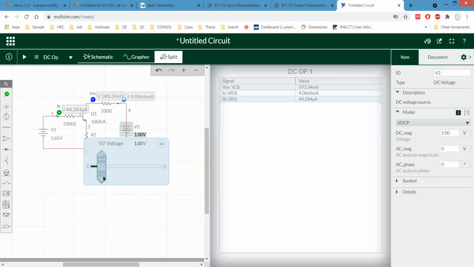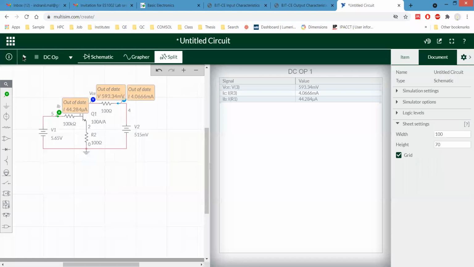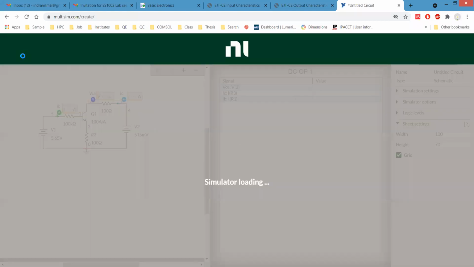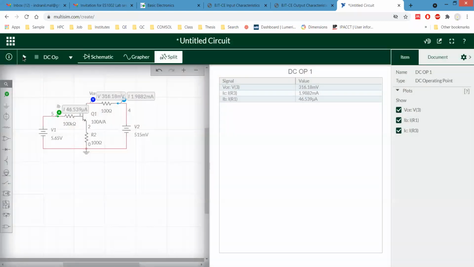Okay, let me take another data point, at least 500 millivolt. Yeah, this one is also good. Please note it down and tell me. Insert it above the last value, because the voltage is less. Did you get that?